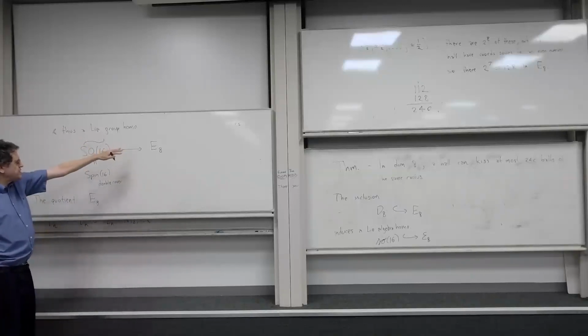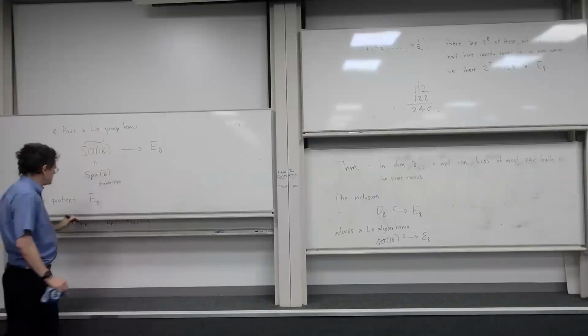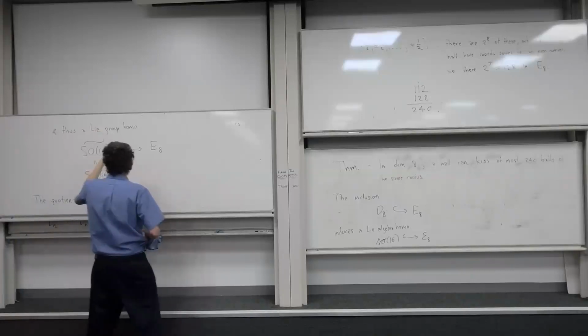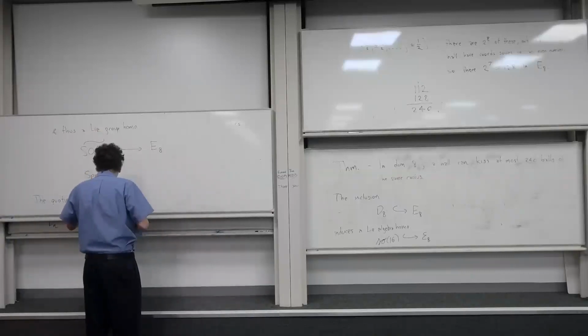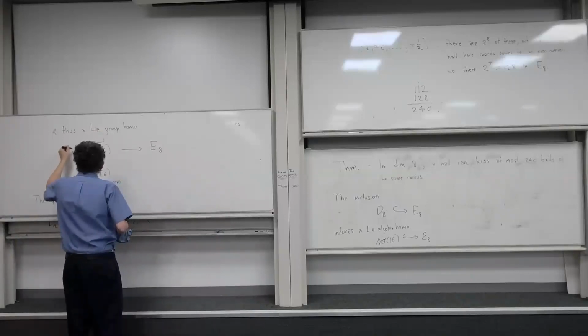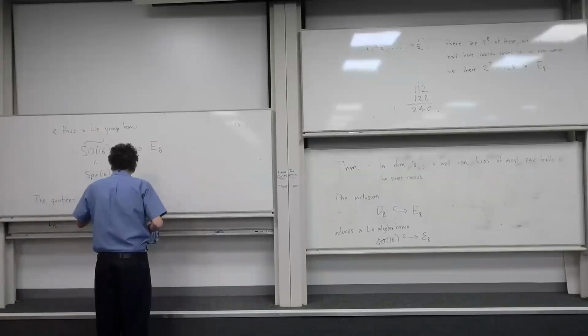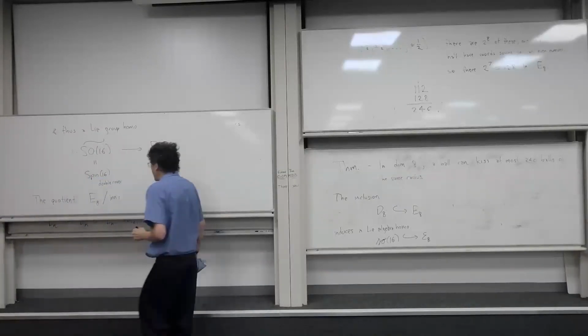I'm sorry, I forget if the image of this is SO16 or Spin16. This map may be 2 to 1 or something. I'm not quite sure, but I'll just act like a mathematician here and say the image of i.